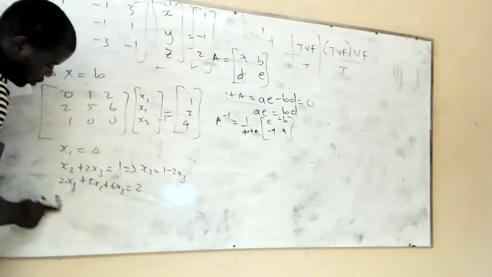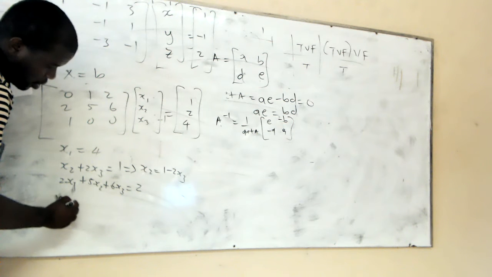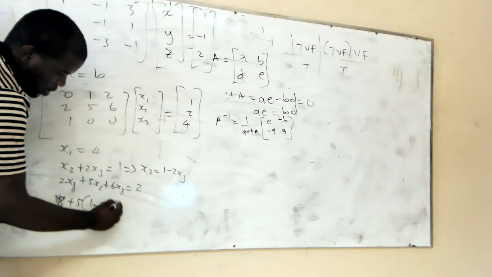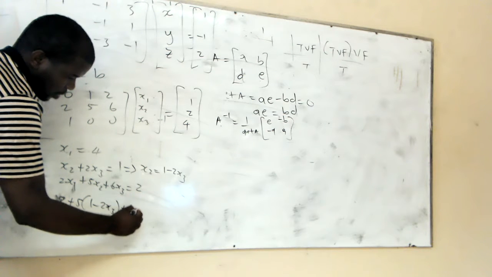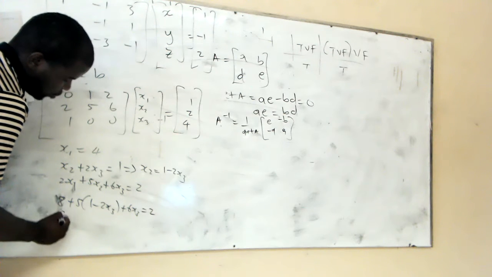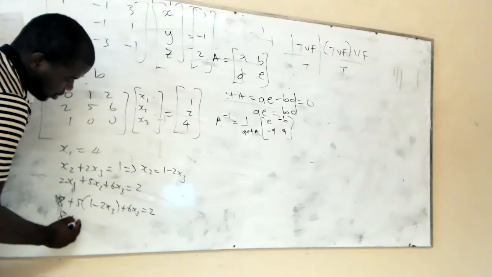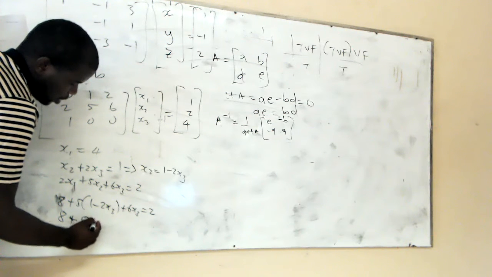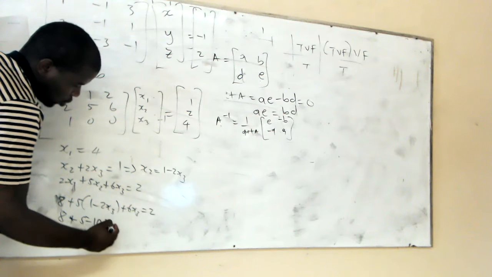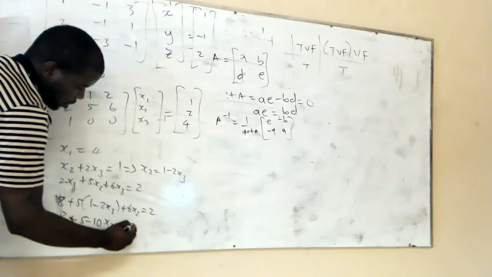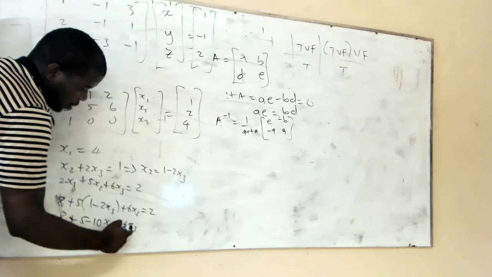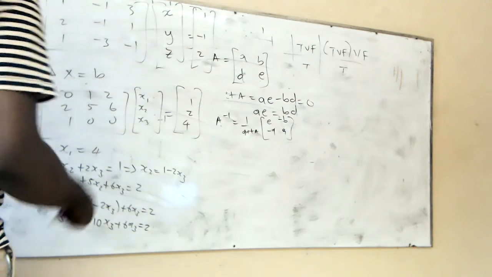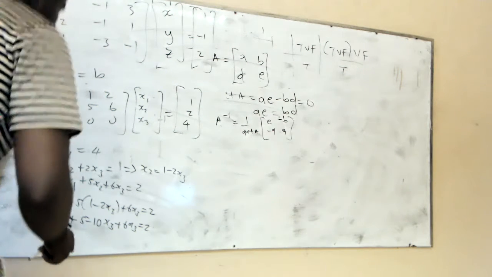So 2 times 4 is 8, plus 5, where we have x2, we substitute 1 minus 2x3, then plus 6x3, which is equal to 2, of which it would be 8 plus 5 minus 10x3 plus 6x3 equal to 2.